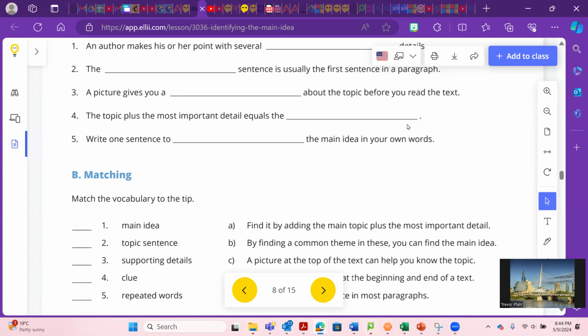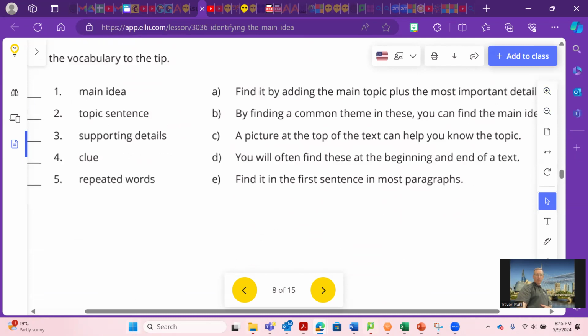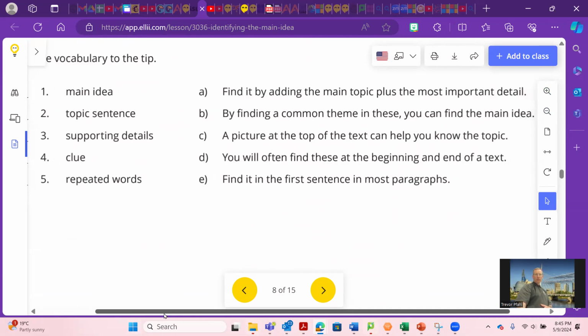Okay, some of these seem to be maybe a bit more confusing than others. Let's look at these together, which will help you then with the sentences. So which A, B, C, D, or E did you say was the main idea?